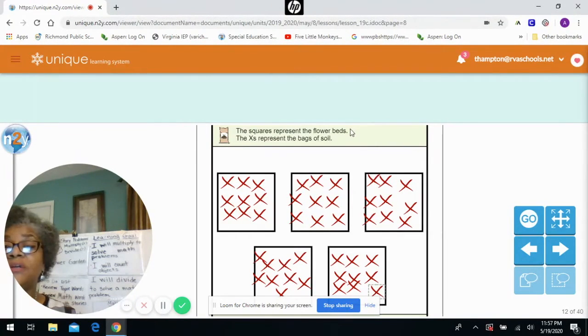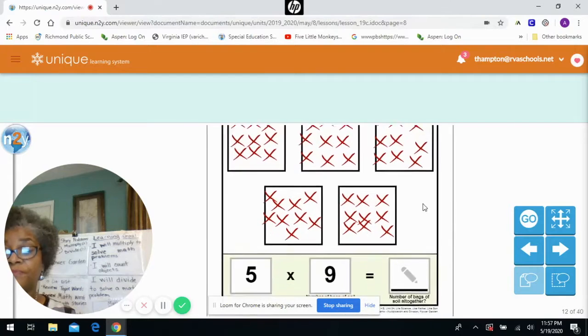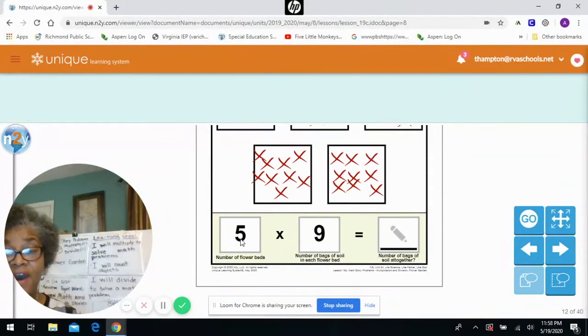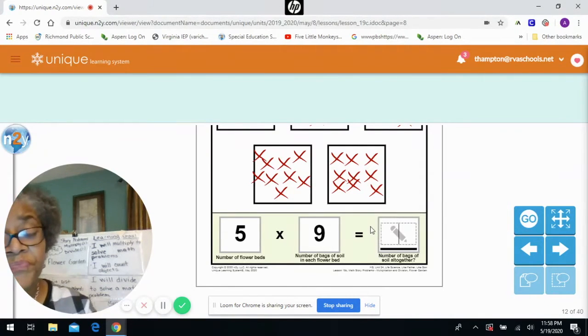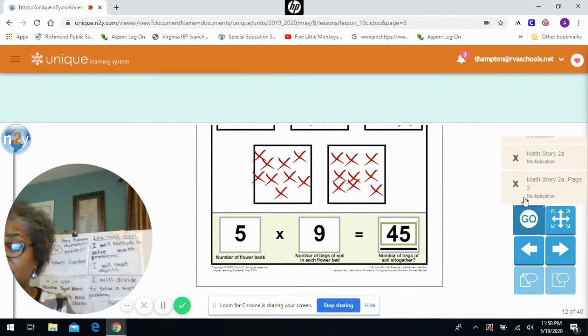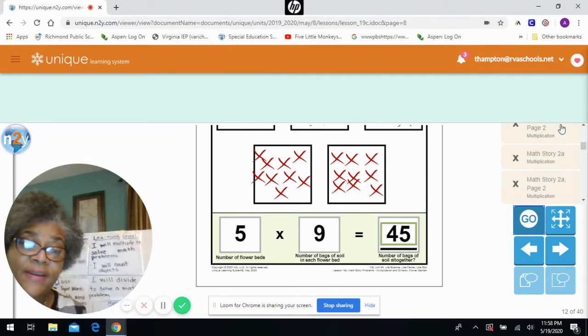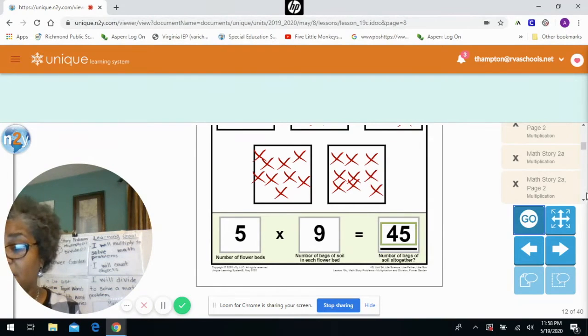So we could say that 5 times 9 equals what? 45. Very good. Excellent. When you can use your calculator, use your calculator. But if you have to work it out, work it out.